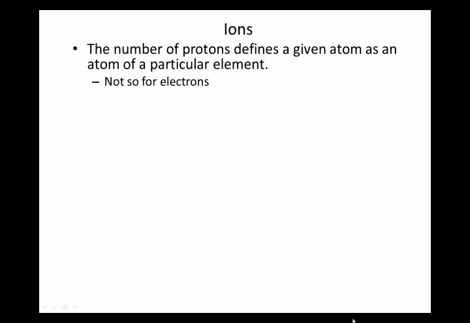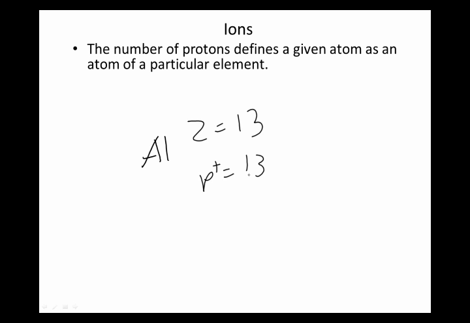Up until now we've said that the number of protons and electrons are equal, but that's specifically for neutral elements. If you look in the periodic table, aluminum has atomic number 13, which means it has 13 protons, right? That means it has 13 electrons, because otherwise it would not be neutral.